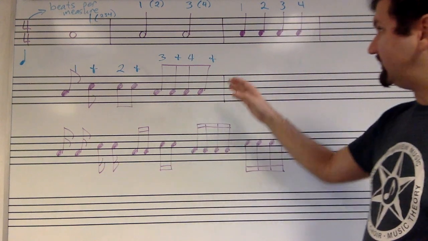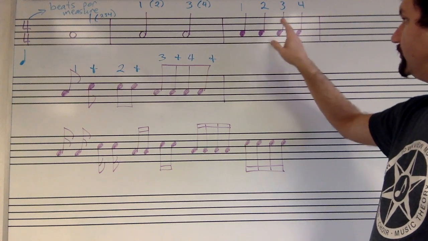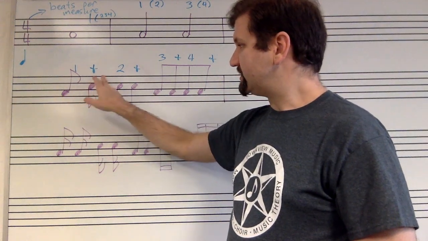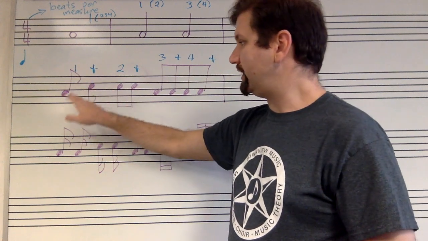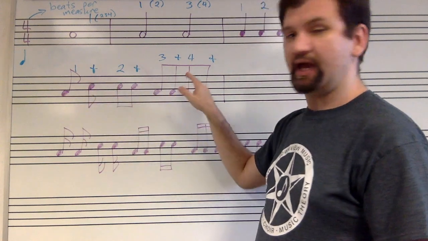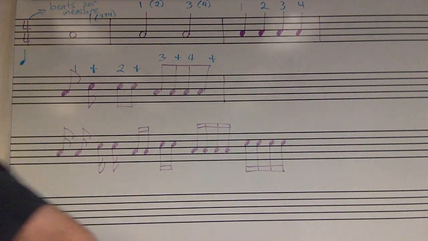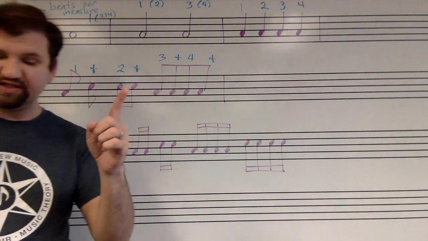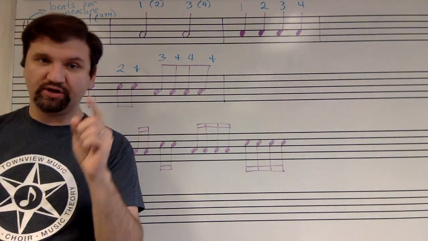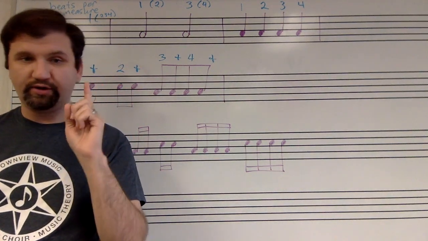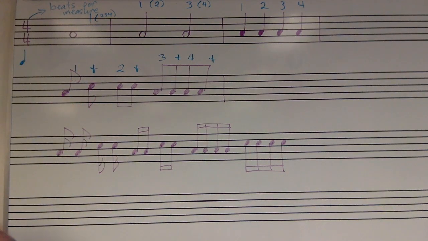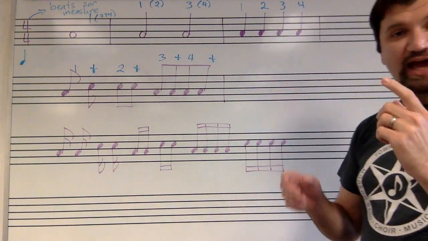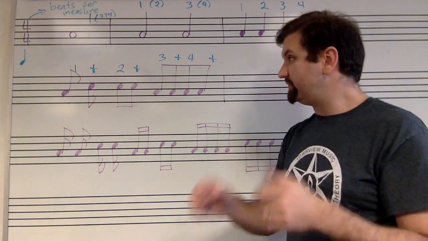So when I'm counting these, 1, 2, 3, 4, and I go to here, there's something halfway between the two. 1 and 2 and 3 and 4 and. If this is my quarter note, this speed doesn't change. 1, 2, 3, 4, but then I add this in between. 1 and 2 and 3 and 4 and.